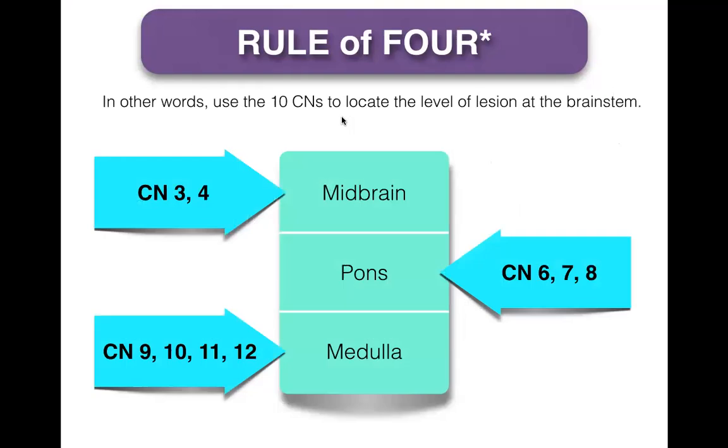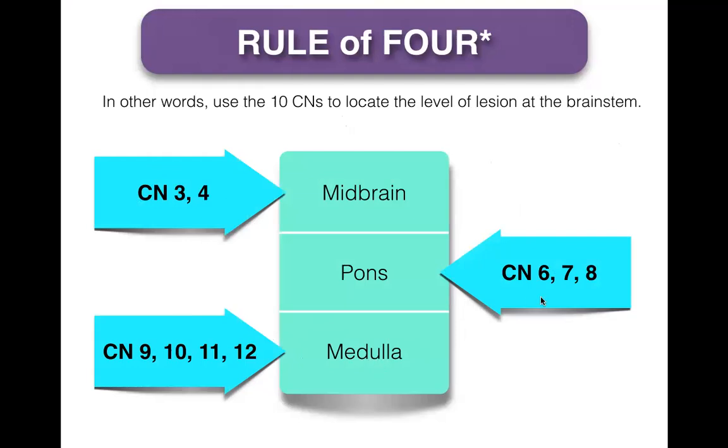So in other words, by simply knowing where the cranial nerves arise, you can now establish the level of the lesion. So say, for example, there is deviation of the tongue. That indicates cranial nerve 12 is affected. Then you can confidently say that the level is located at the medulla.